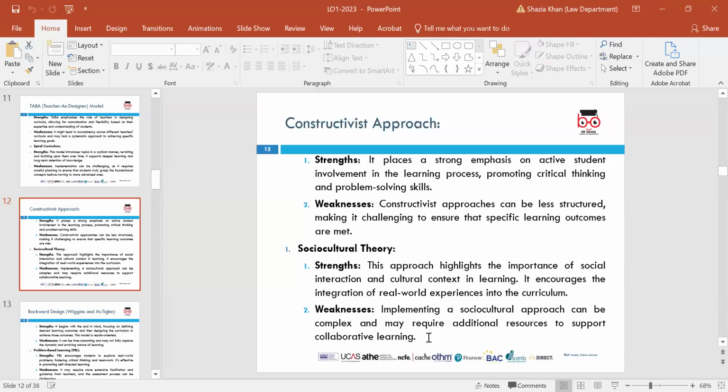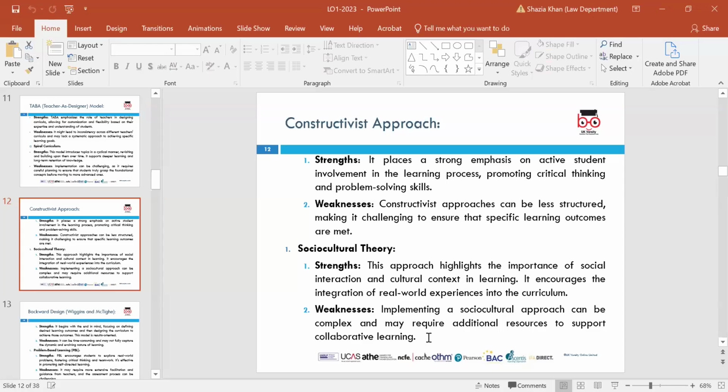The strength of that one is it places a strong emphasis on active student involvement in the learning process, promoting critical thinking and problem-solving skills. The weakness is its constructivist approach can be less structured, making it challenging to ensure the learning outcomes are met.